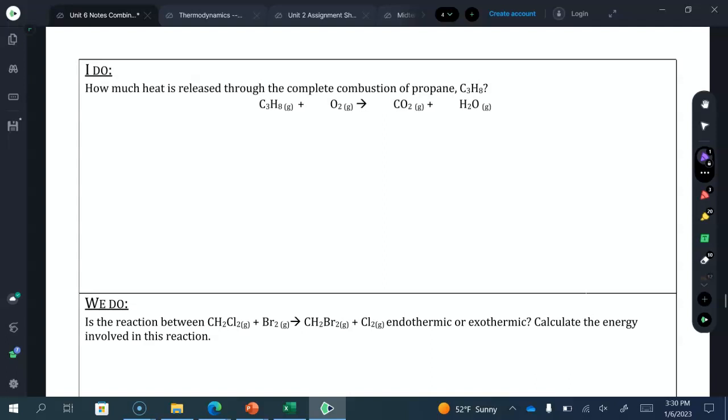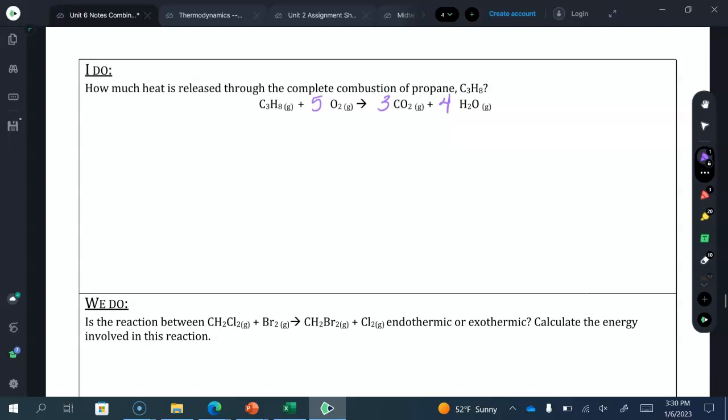You need to balance the reaction. So take a minute, pause the video, and please balance this reaction. Okay, so through this you should get 5, 3, and 4 here, and checking it, we have 3 carbon, 8 hydrogen, and then 6 plus 4 is 10 oxygen.